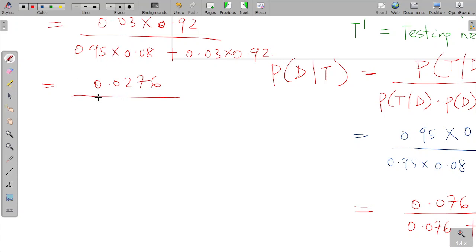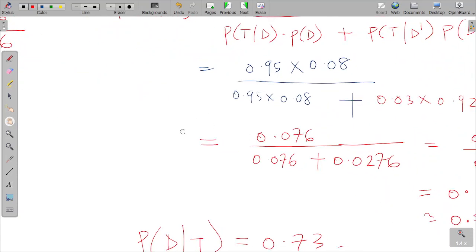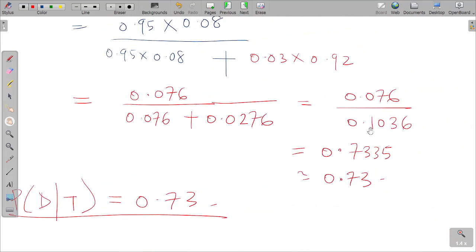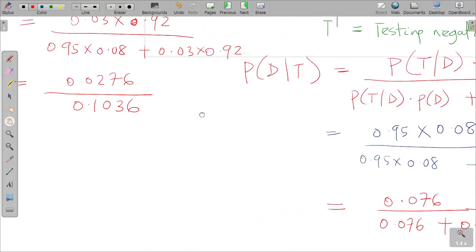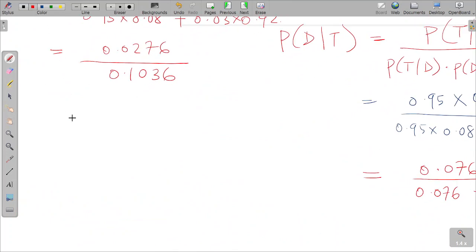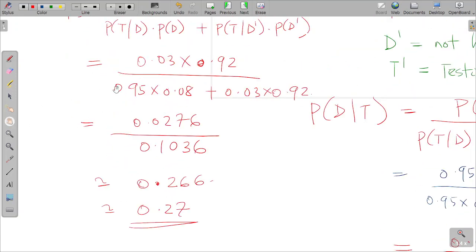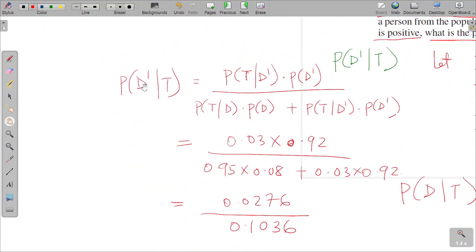The whole of this is the same as the denominator there. Now if we find this, we get approximately 0.266, which is approximately 0.27. So the probability of not having the disease given testing positive is this.